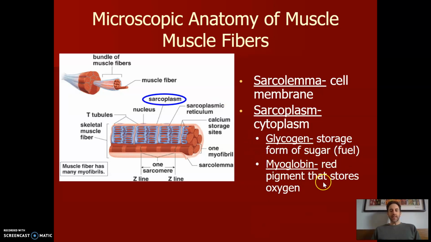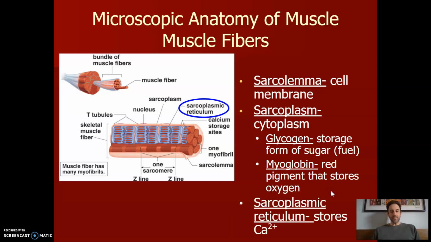The second thing is a red pigment called myoglobin, and myoglobin stores oxygen. Maybe you remember from chemistry that in order to burn fuel, you need oxygen. Fuel in the gas tank of a car requires oxygen to work, and so the carbohydrates in your body require oxygen as well. So basically, muscles are storing the fuel and the oxygen to burn that fuel right inside them, which is kind of cool.